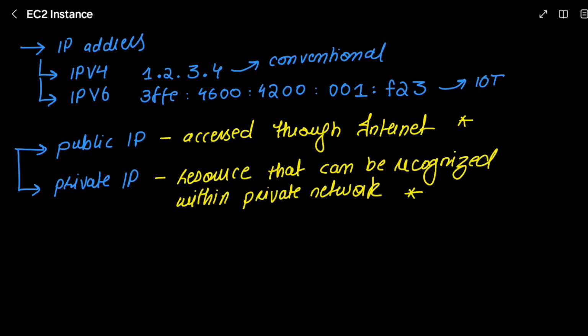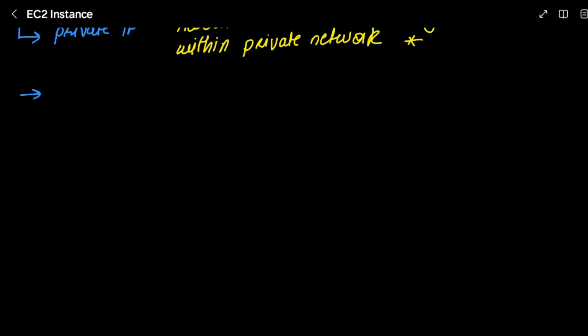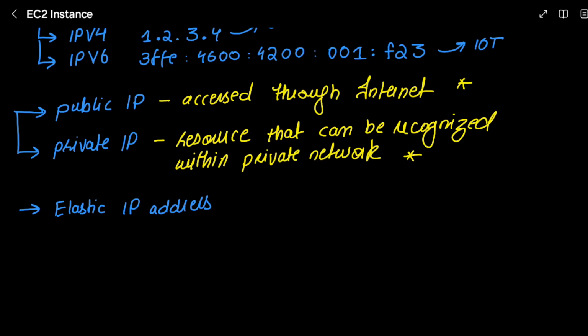All right, let's talk about elastic IP addresses. So we have elastic IP address. If you launch a particular EC2 instance, it will have a public IP address, and it will have a private IP address.